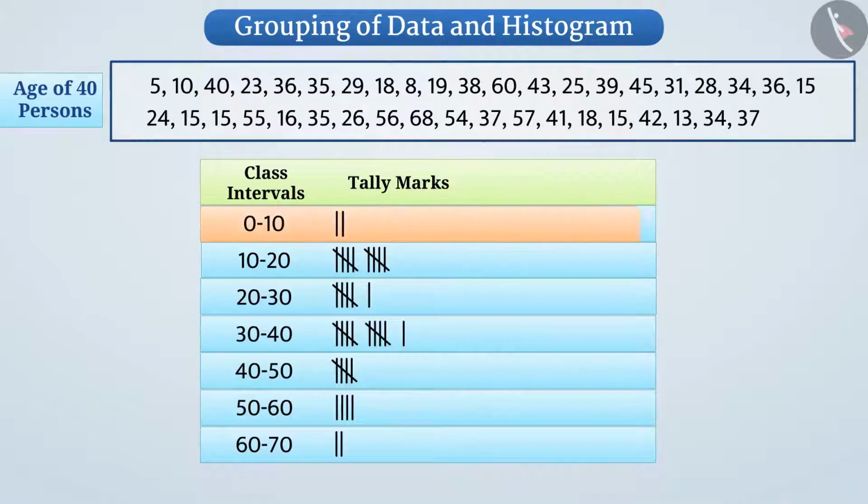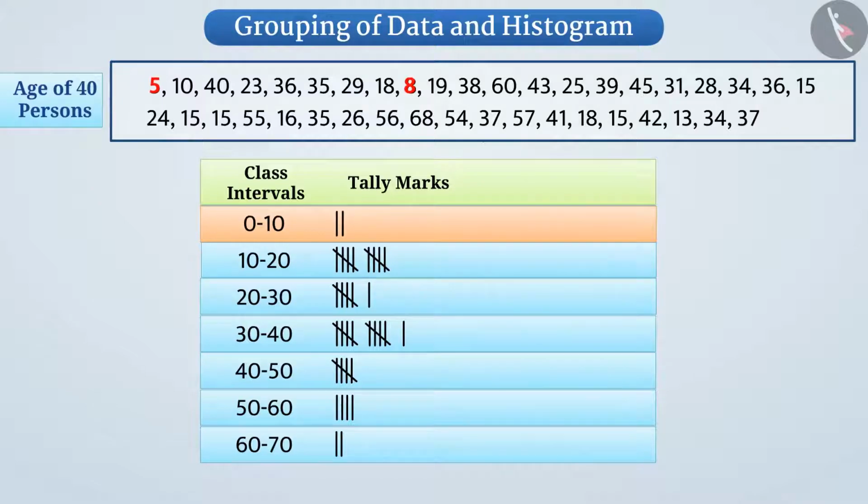Now here, there are two tally marks in the class interval 0 to 10. Can you tell me, what do you understand from this? Think. Let me tell you, these two tally marks denote observation 5 and observation 8.